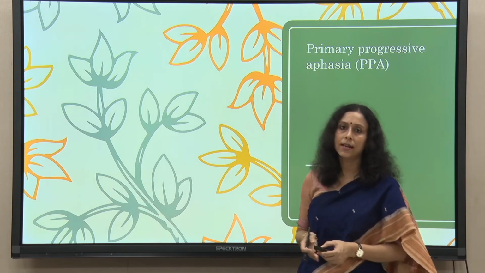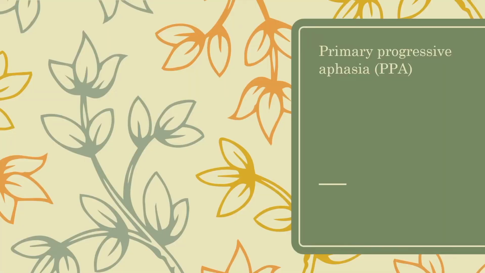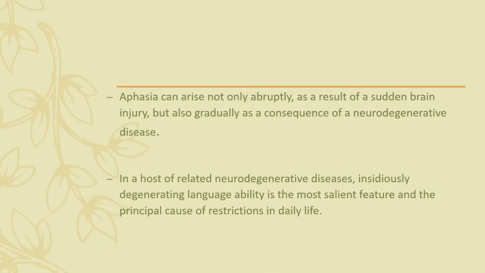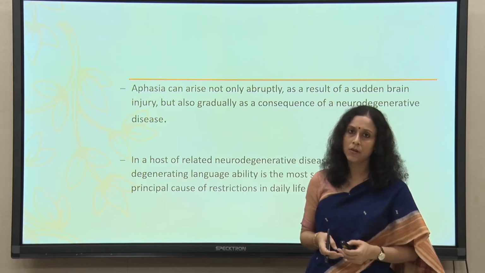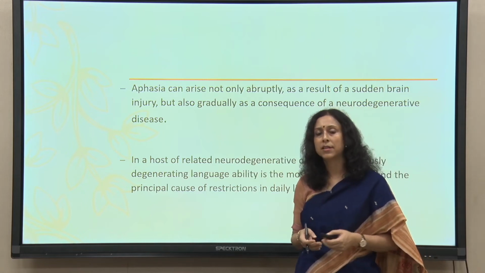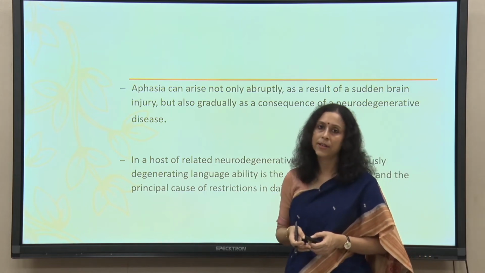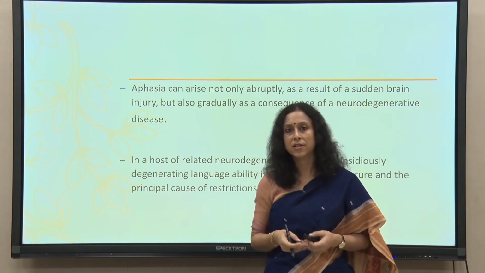However, we know that every kind of aphasia has a neural substrate. There is yet another kind of aphasia which is not caused by an injury to the brain, but by neurodegenerative diseases. Neurodegenerative diseases more often occur in old age. We all know that Alzheimer's and Parkinson's and so on affect people of an advanced age, and this is when neurodegeneration takes place.